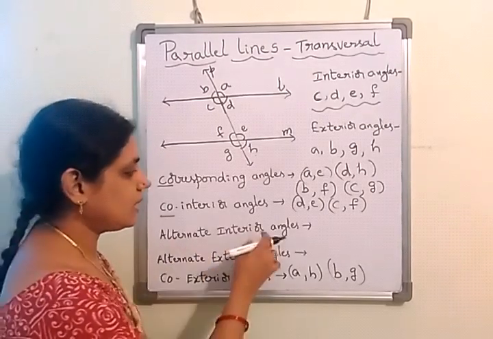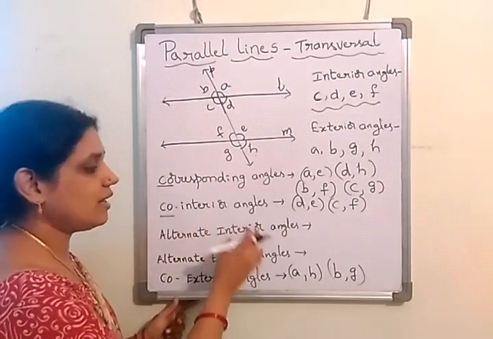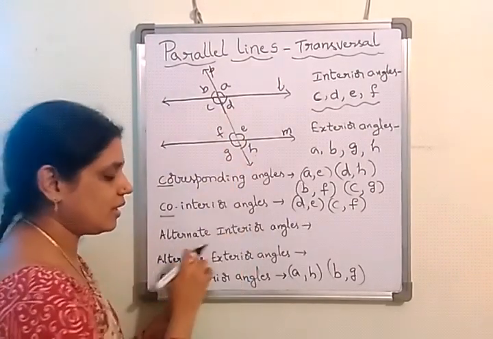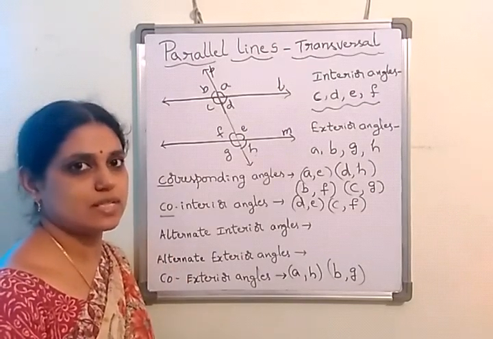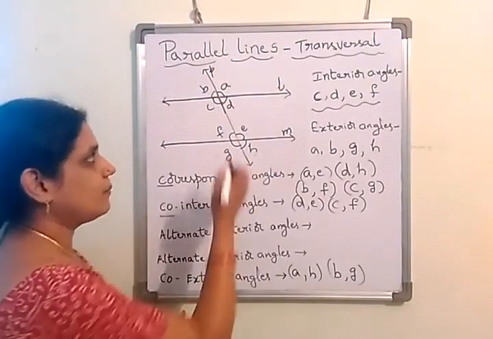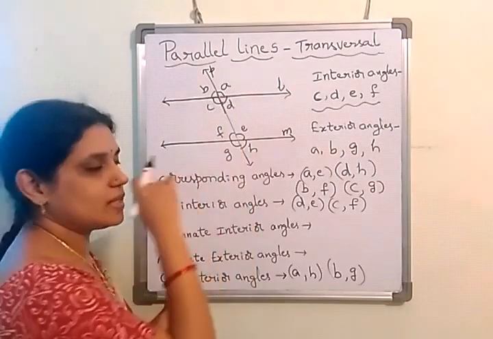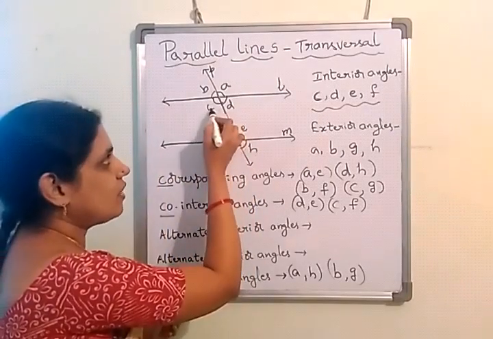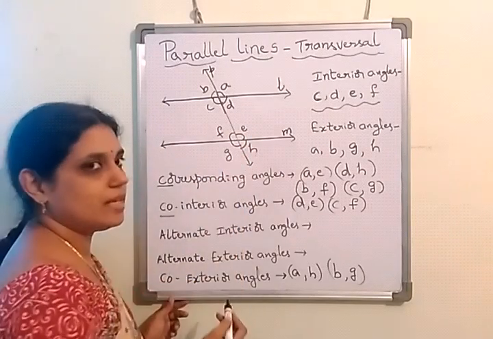Next, coming to alternate interior angles. Both should be interior, and alternate means which are not at all on the same side of the transversal. You may get a doubt again here. C and D, why are they not alternate? Again, just as I told previously, C and D form a linear pair, and F and E form a linear pair.